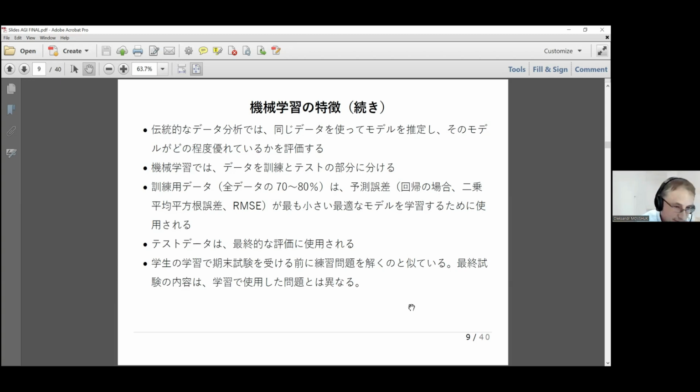It's something like how we study in universities. When we are taking, for example, some short tests or homework to learn a new topic, the final evaluation is done by the final exam.